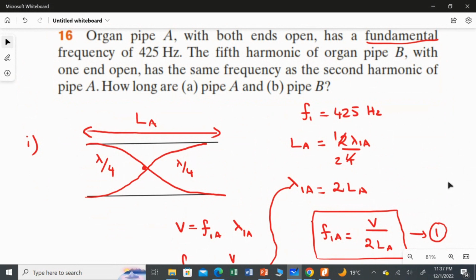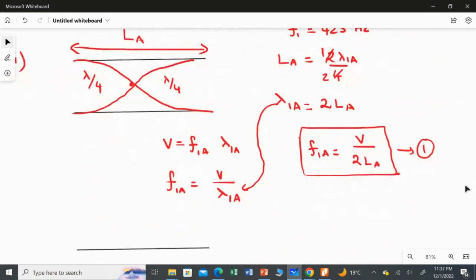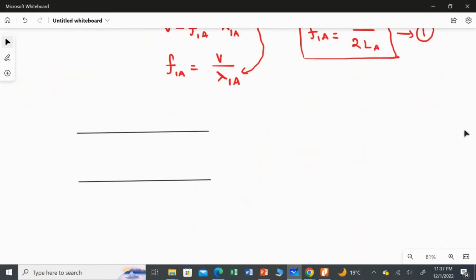And for the second case, I'm going to consider n equal to 2, because they mentioned this is the second harmonic, right? So two nodes, right? If you draw the wave, it will be passing through like this, right?